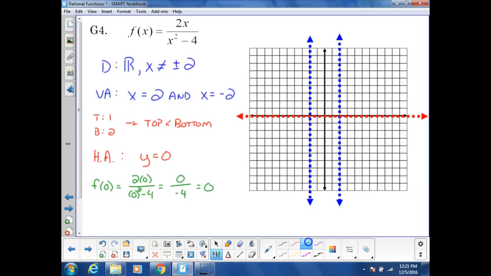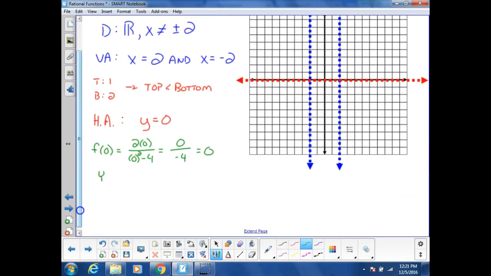So that gives me a y-intercept at the origin. Is that okay? Yeah. Even though it's on that asymptote, I can cross a horizontal asymptote, but I can't cross a vertical one. Okay? All right. So we're good there.